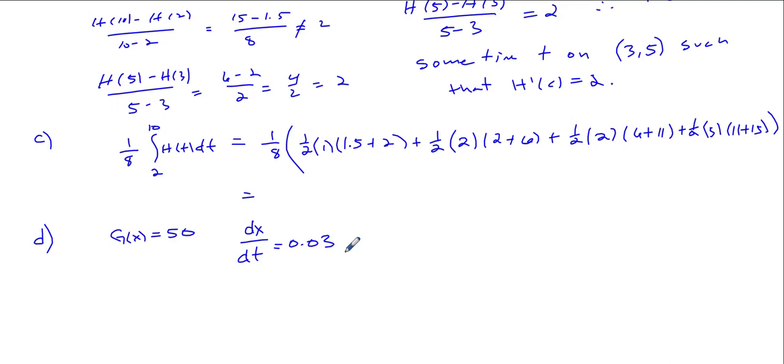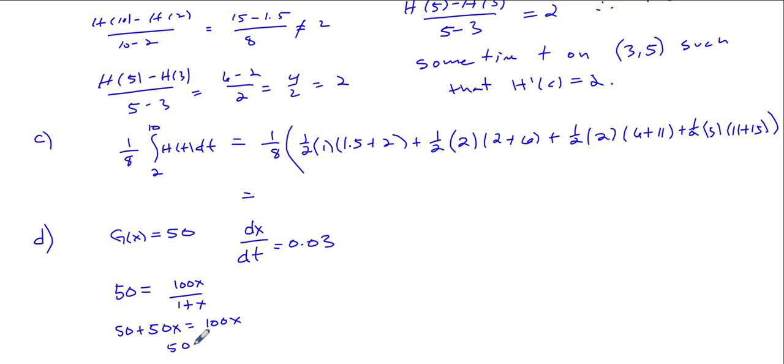Well, when would G of x equal 50? I should say, what is the diameter when G of x equals 50? Let's figure that out. 50 equals, what's the function again? 100x over 1 plus x. Multiply and I get 50 plus 50x equals 100x.